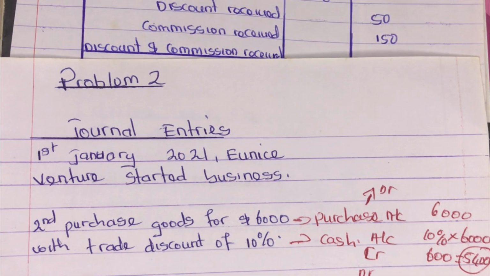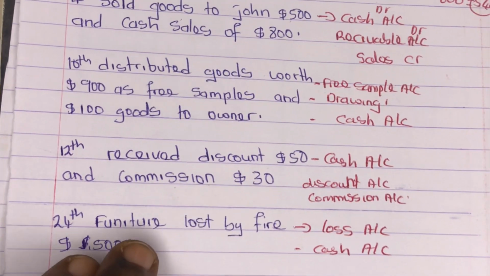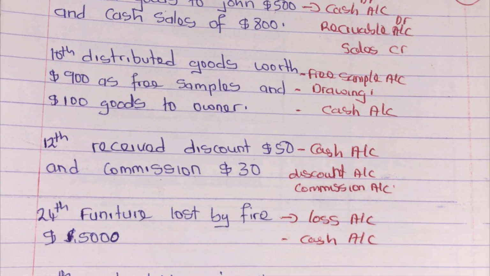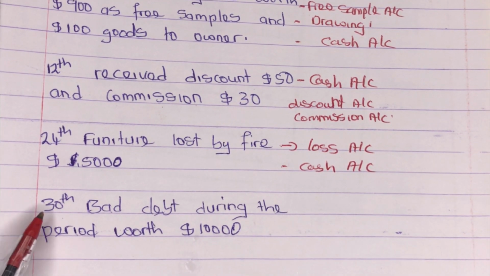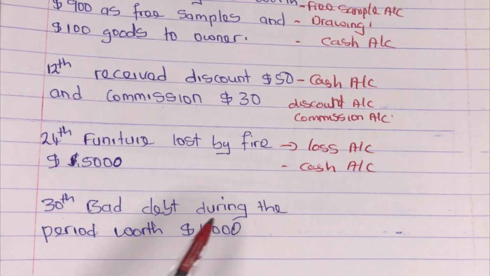So let's look at the next transaction. They said on the 30th, bad debt during the period was $10,000. So what is bad debt?